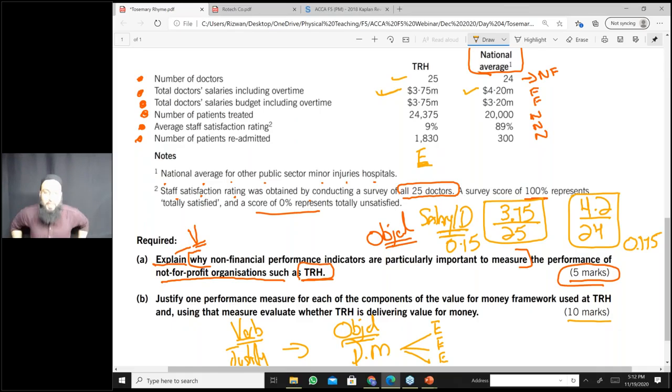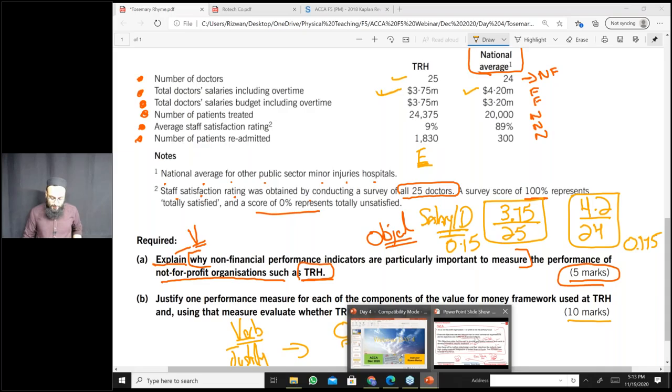Now, if I ask you why you chose this measure, what will you justify? You will say that this measures the cost per doctor, which is the key thing for a business like this one, where the salary of a doctor is crucial. So salary per doctor will give you a good idea about the cost that you are bearing for each doctor. Justify it. So we are done with this one.